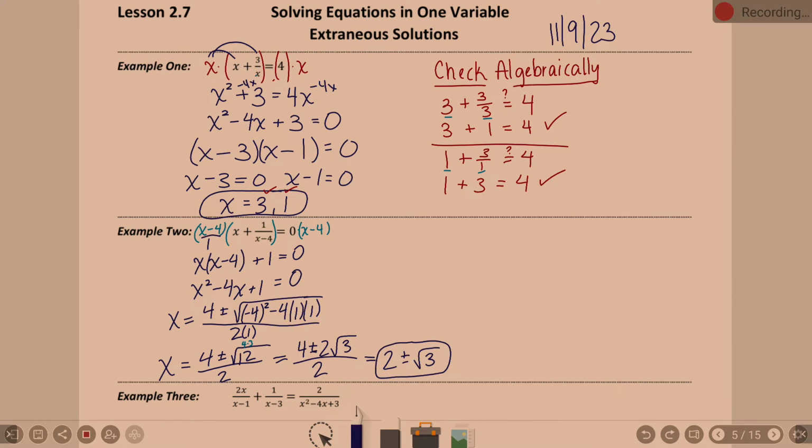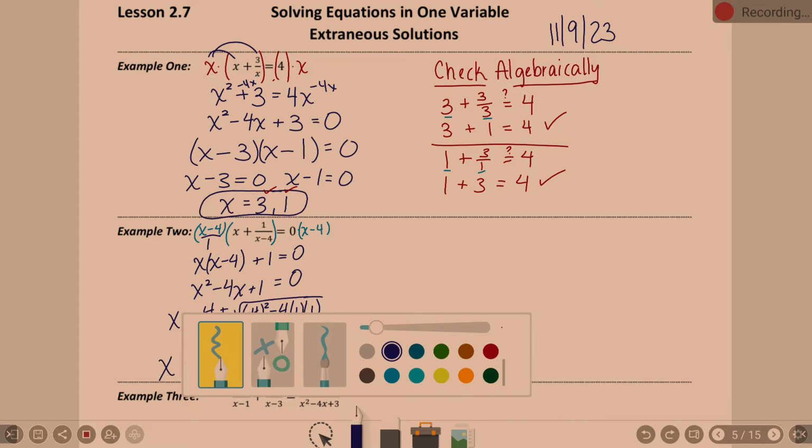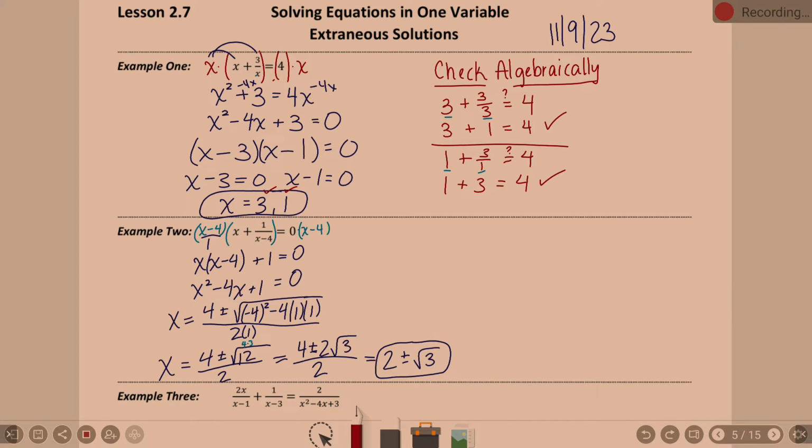Okay. I said we're talking checks today, didn't I? Do we want to check this one the same way we checked the last one? No. Not really, do we? We don't really want to do an algebraic check here because I don't want to plug that stuff back in. I don't want to plug 2 plus square root of 3 back in.